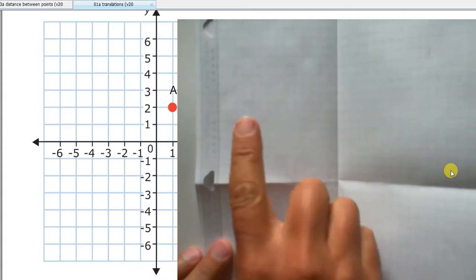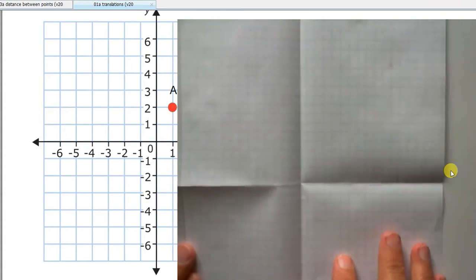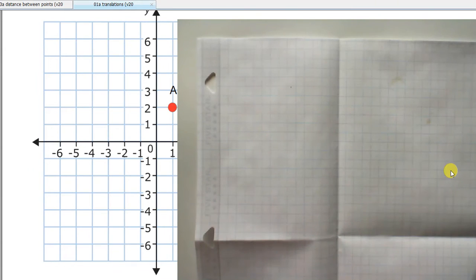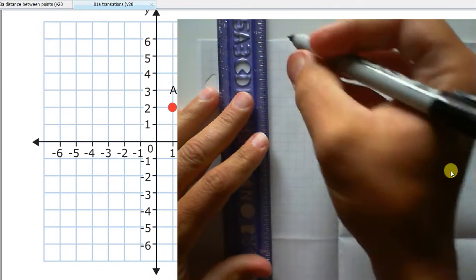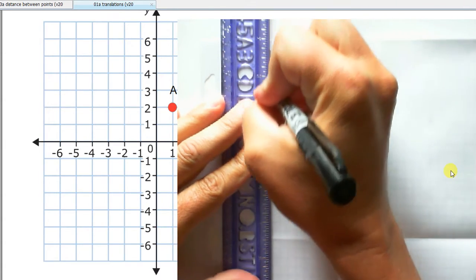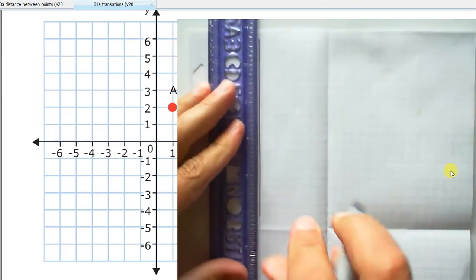And notice that made it 1, 2, 3, 4 squares. In this square, I'm going to draw, using a ruler, a coordinate system. Notice when I'm drawing a coordinate system, I'm really making sure that it lines up with the graph paper.